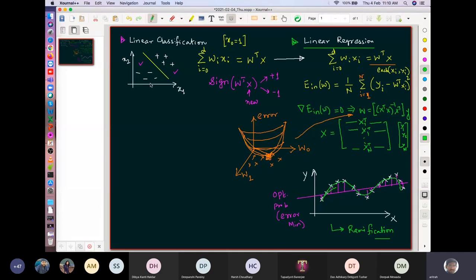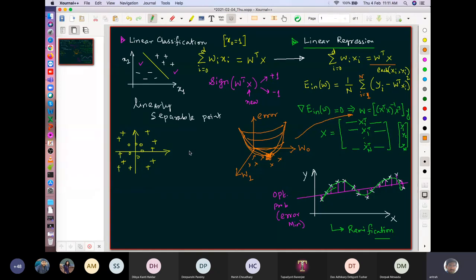And on the other case, linear classification is a very good technique to classify points which are linearly separable. However, in practice, you often see that your points may not be linearly separable. Let's say there are some points like this, and some points like this. So it's no way linearly separable.